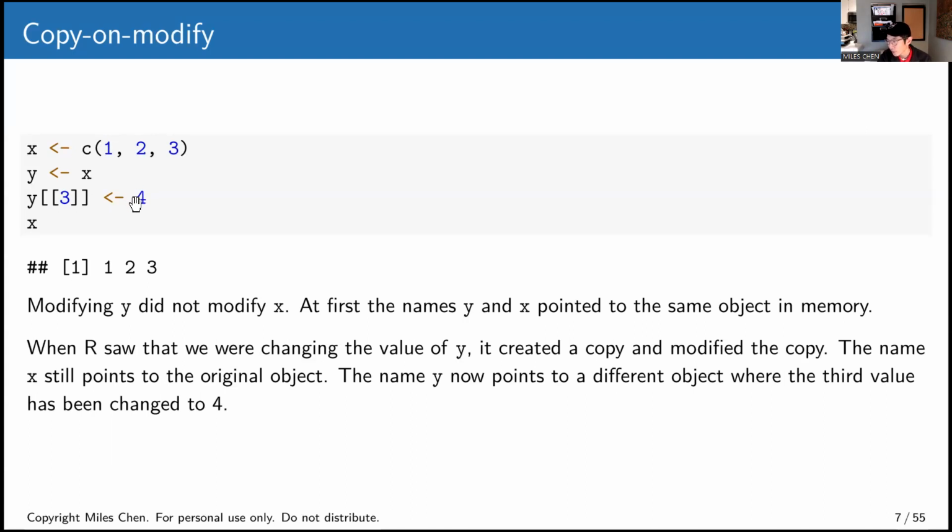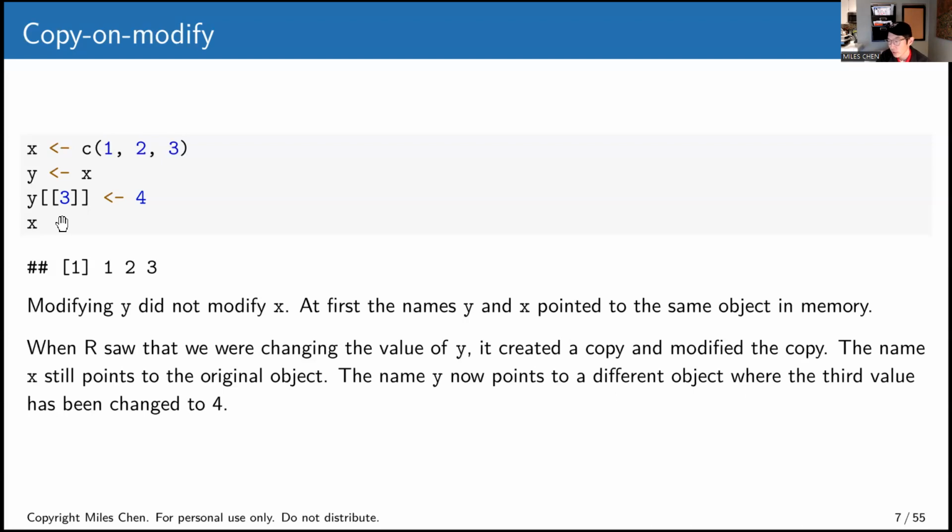We're going to take 4 and put it inside the third location in Y. And so when R sees this operation, R is going to create a copy. It's going to take this object in memory and create a new object in memory. It creates a copy, and then it changes that third value to the number 4.